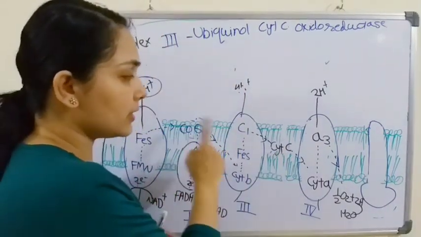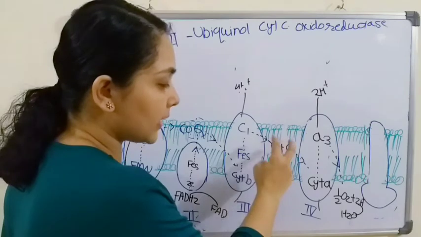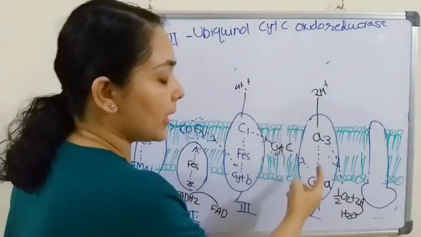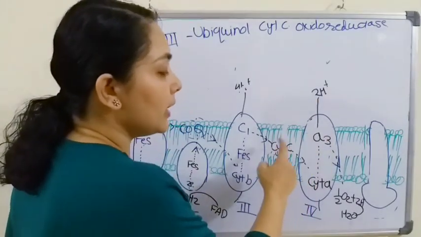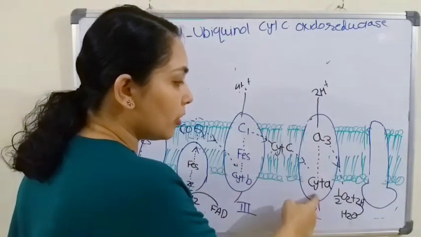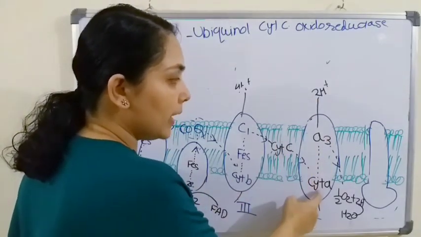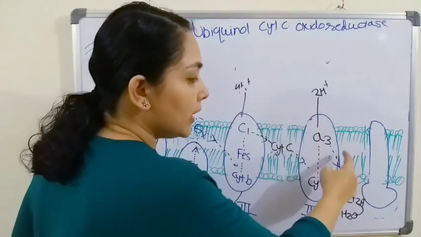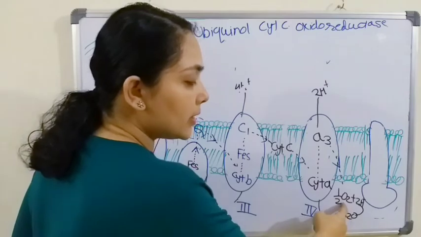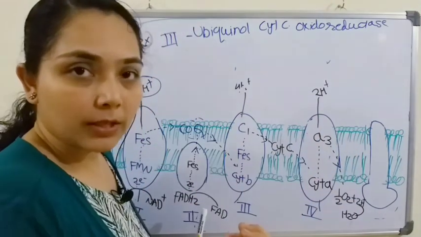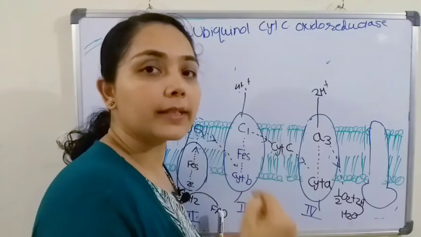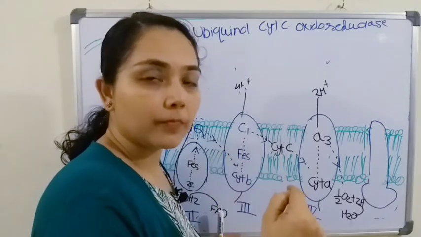This is the first shuttle system, and this is the second shuttle system, which accepts the electron from complex 3 and passes it to complex 4. In the fourth complex cytochrome A, A3 is present, and finally that electron will be accepted by oxygen.